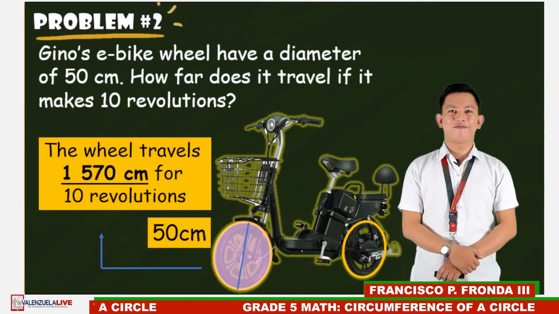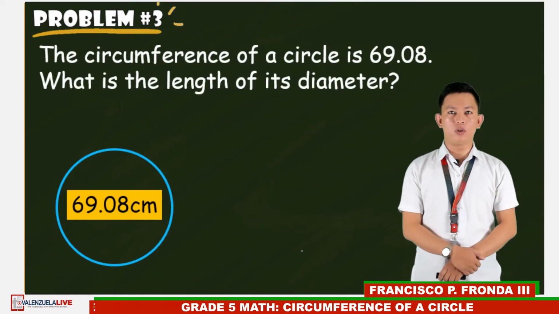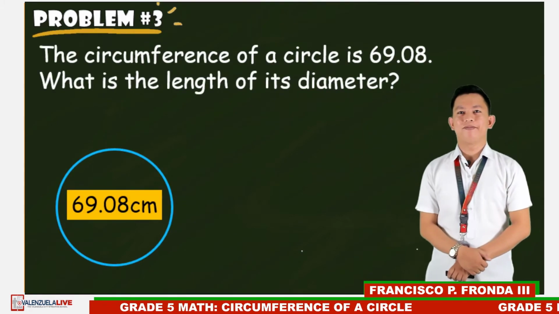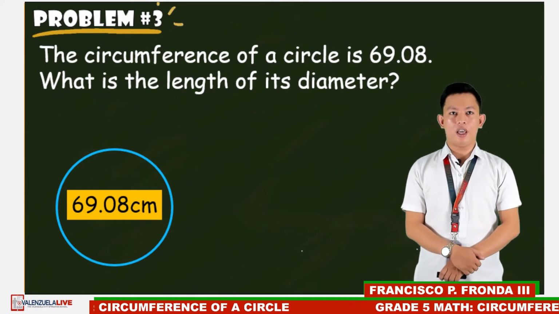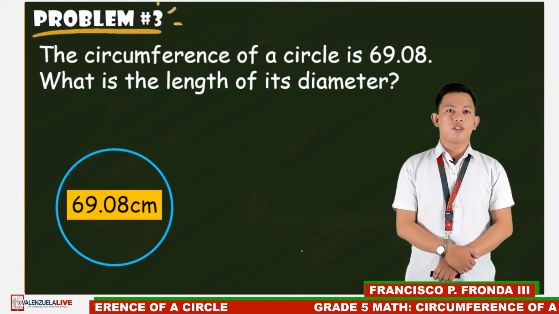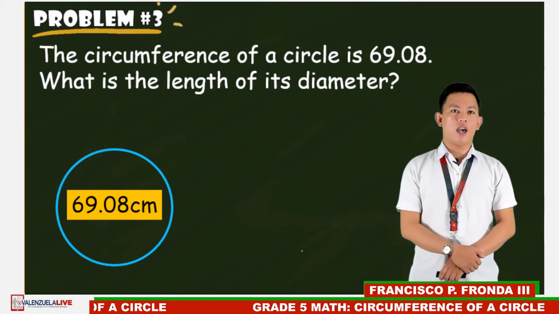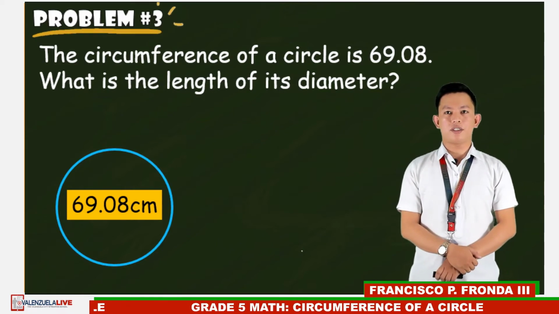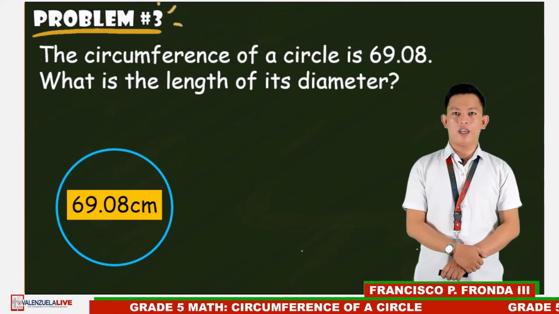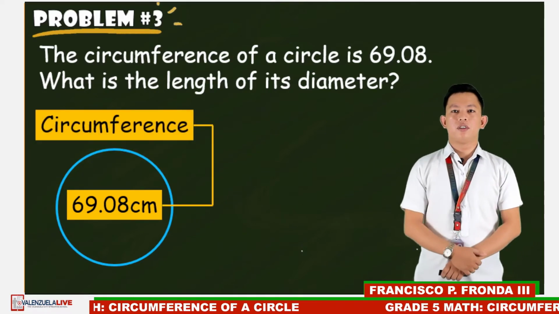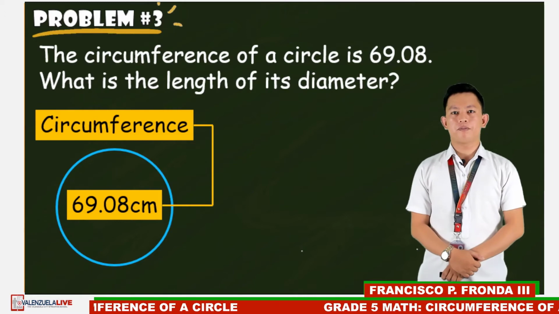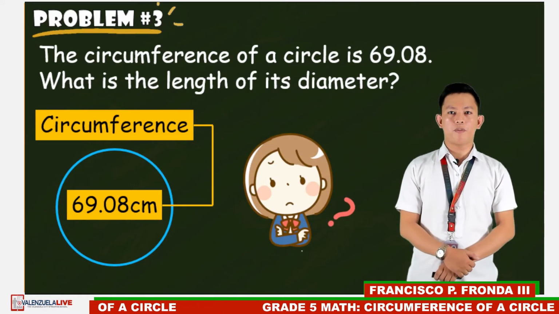Okay? Now, let's proceed to problem number 3. The circumference of the circle is 69.08 or 69 and 8/100. What is the length of its diameter? This would be the illustration, grade 5 learners. So, this should be the circumference.